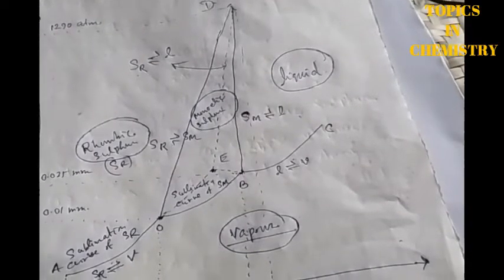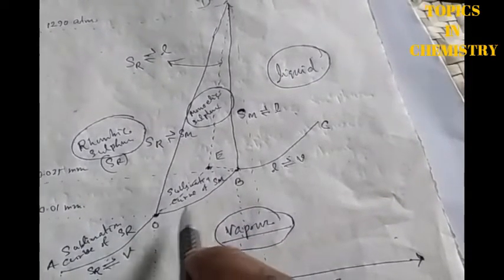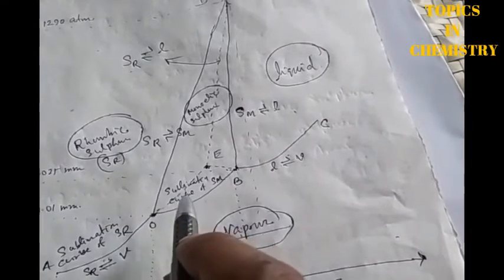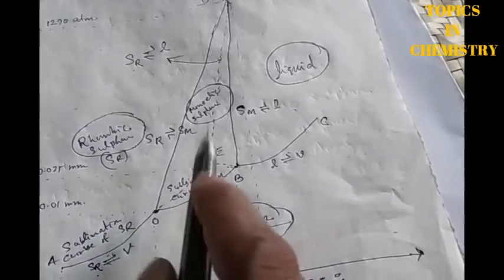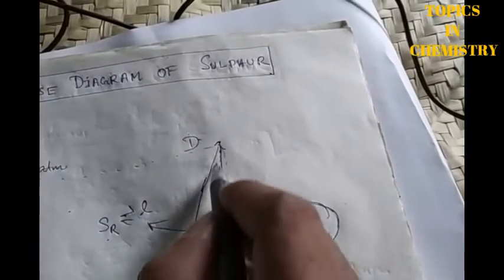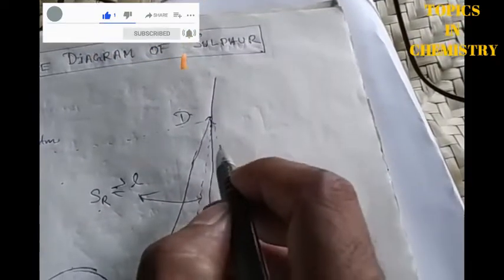Now if you slightly disturb it, then this line merges with the curve OA, which is the vapor pressure curve of monoclinic sulphur. So slightly disturbing the line, it will merge with this line. That's why these are all metastable equilibria. But after the D point, this dotted line becomes stable, and after D you get a solid line.